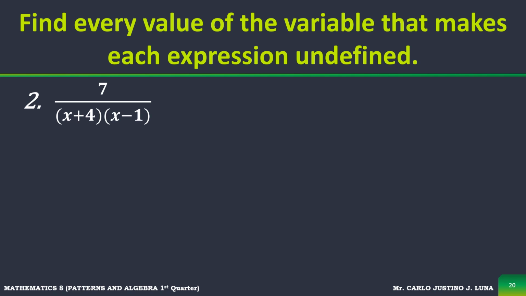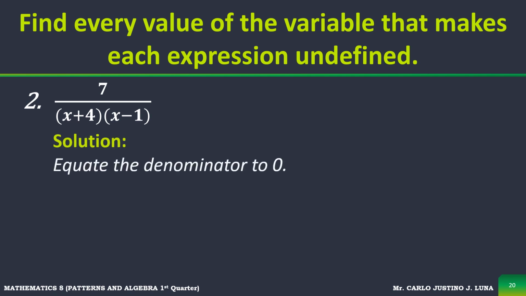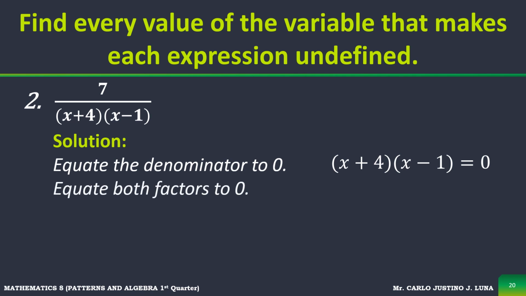Okay? So, first, we have to equate the denominator to 0. So, dalawa yan, di ba? So, we have x plus 4, quantity x minus 1 equals 0. Okay? After that, we will equate both factors to 0.